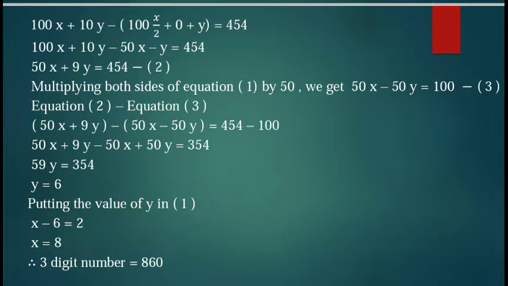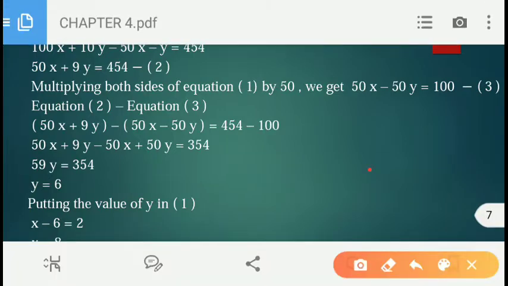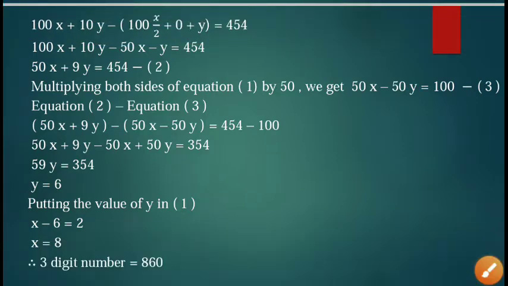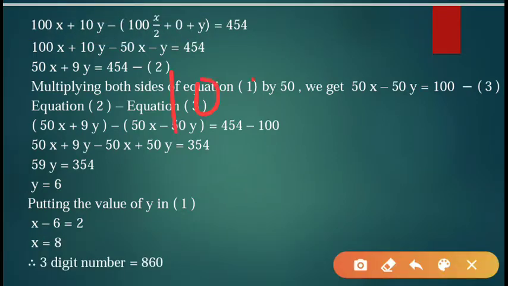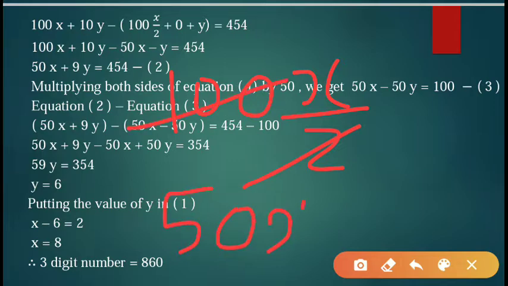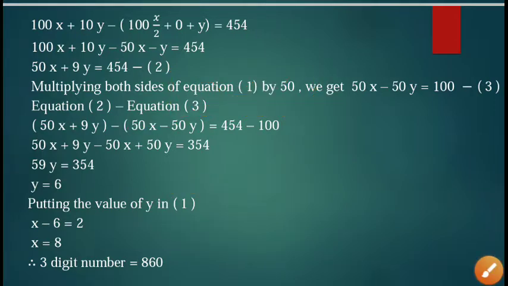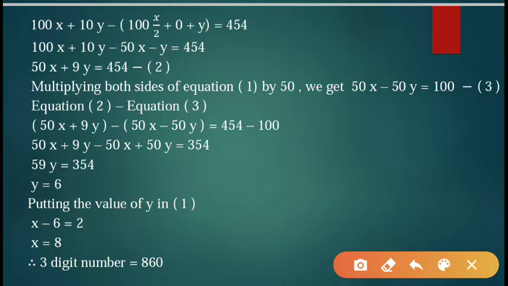Now this can be written as 100x plus 10y. This will be as it is. Then 100x upon 2, this can be cancelled and give you 50x only. So write here 50x, and when you open the bracket, the plus will become minus and the plus will become again minus.